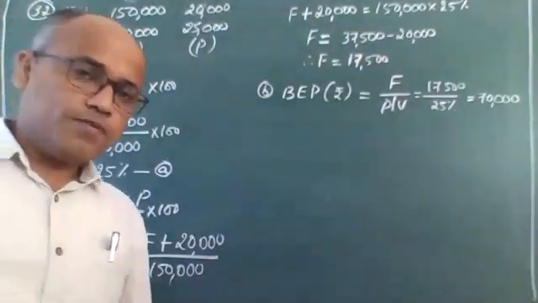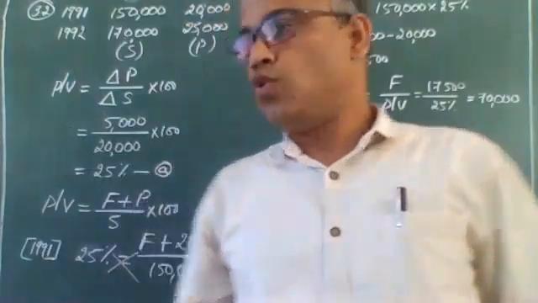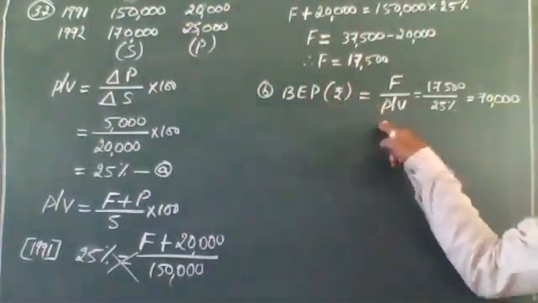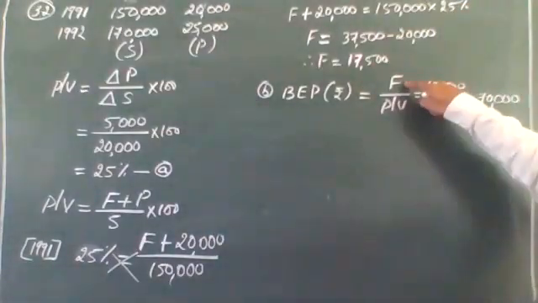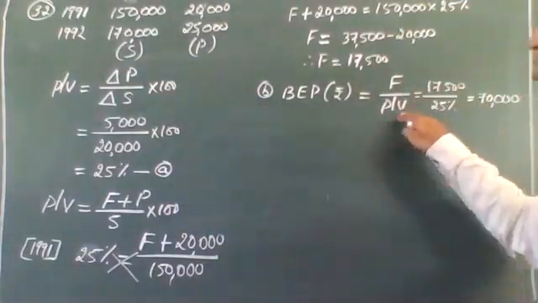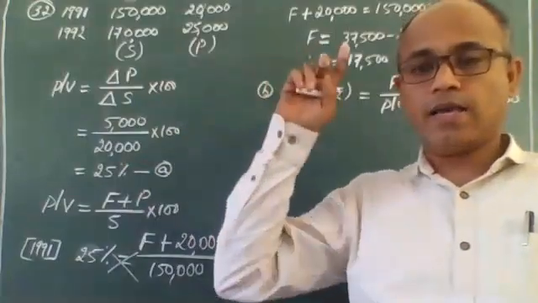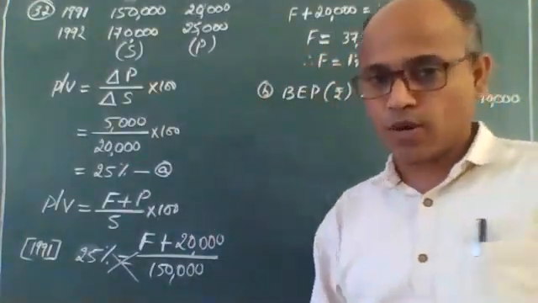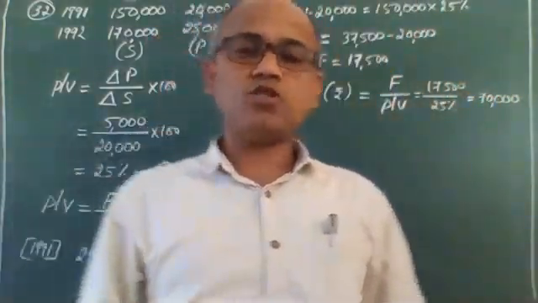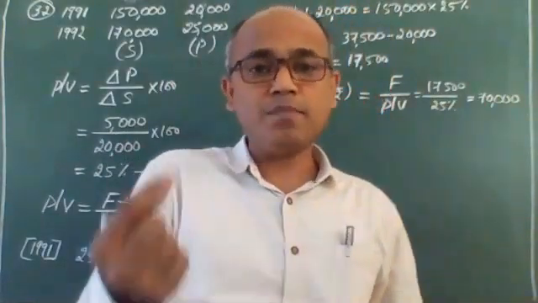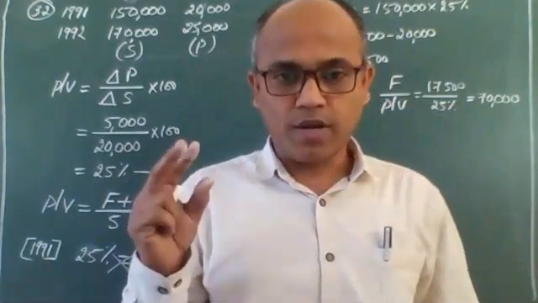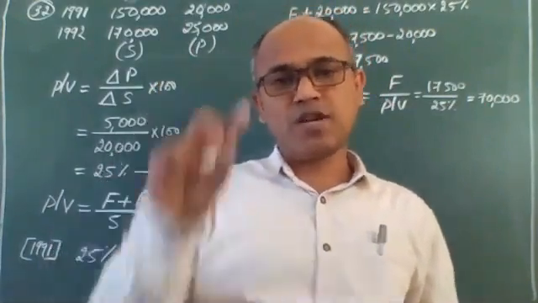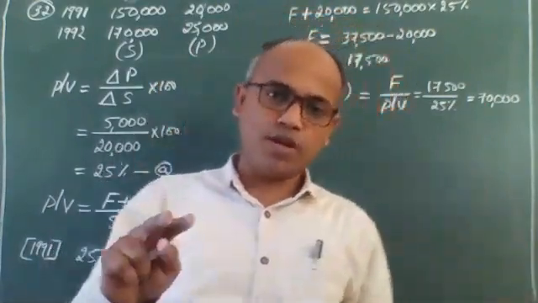Now, if I ask you this question, sir, do I have to calculate break-even point separately for both the years? Answer is no. Why? Fixed cost will not change. PV ratio does not change. I am telling you again, the PV ratio will change whenever there is a change in the selling price per unit or variable cost per unit.